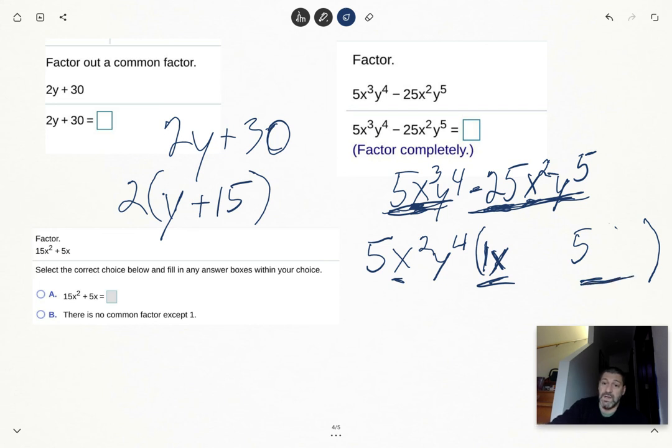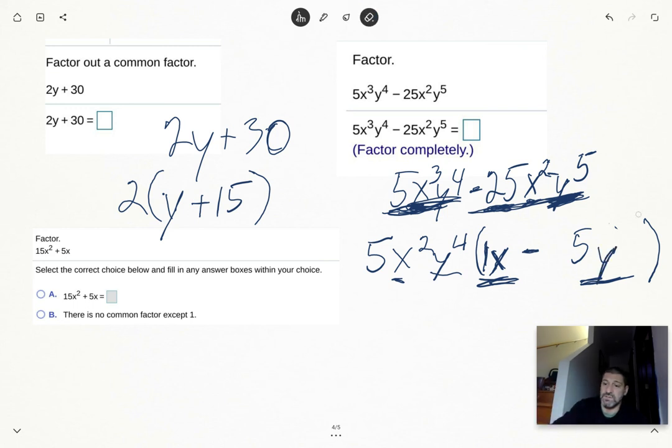How many y's did I take out? I took out 4 y's. That's all of the y's from this first term. The sign stays the same. If I took out 4 y's from this second term, how many y's am I left with? I'm left with 1 y.